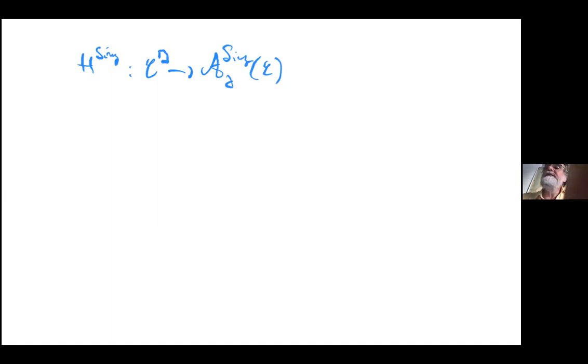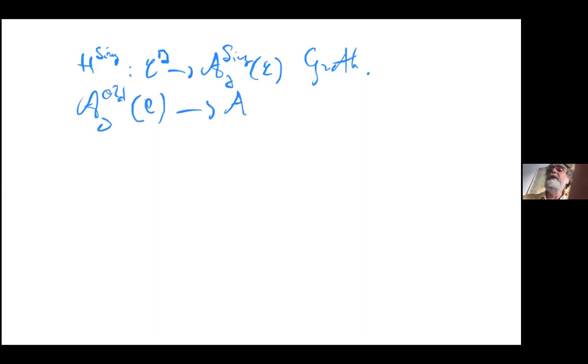In general, this is a Grothendieck category, and A ORD of C has clearly a functor from this to this one. And in this case, of course, it depends really on the homological structure, but it could be that this A thing is zero. I'm not saying that it's zero, but usually in the good cases, like in topological cases, it's not zero.